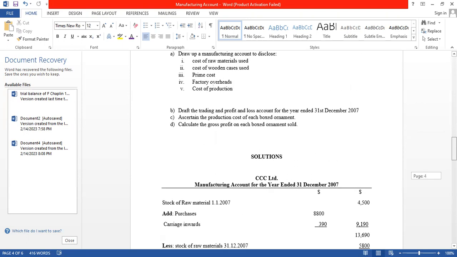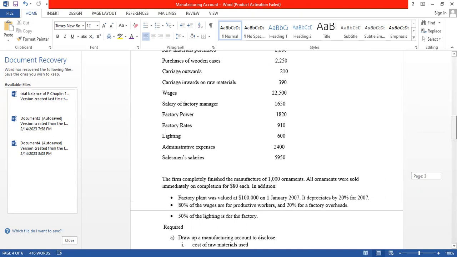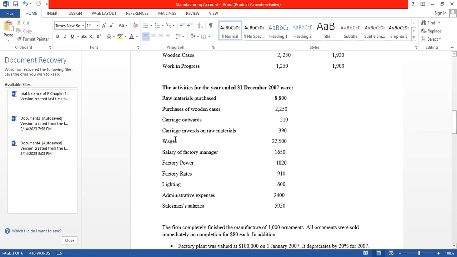If you scroll back up to the question in the first place, here we see the activities for the year ended the 31st of December 2007, and they were wages, $22,500. So that is where we got the $22,500. Good?